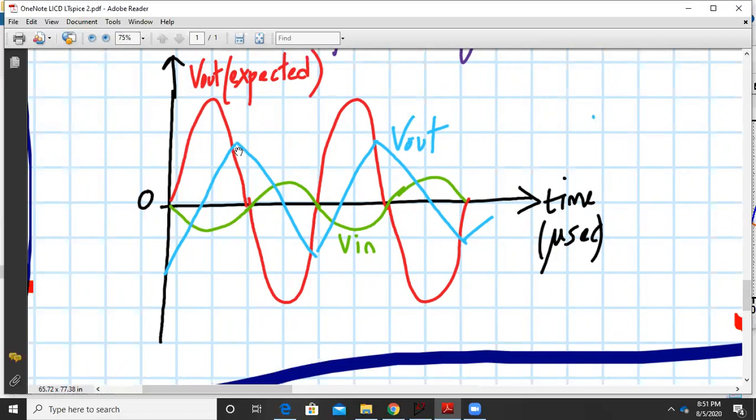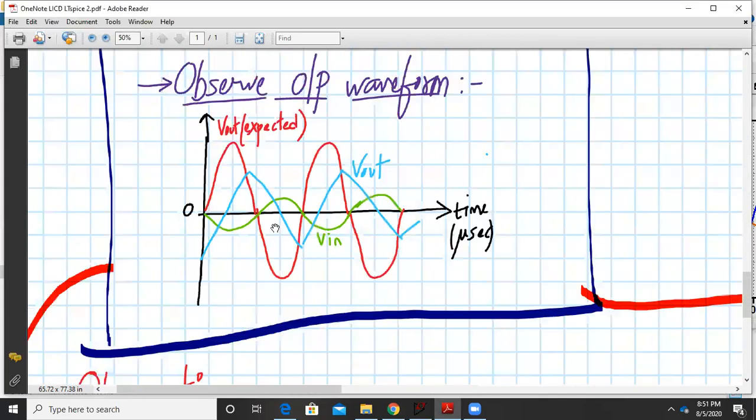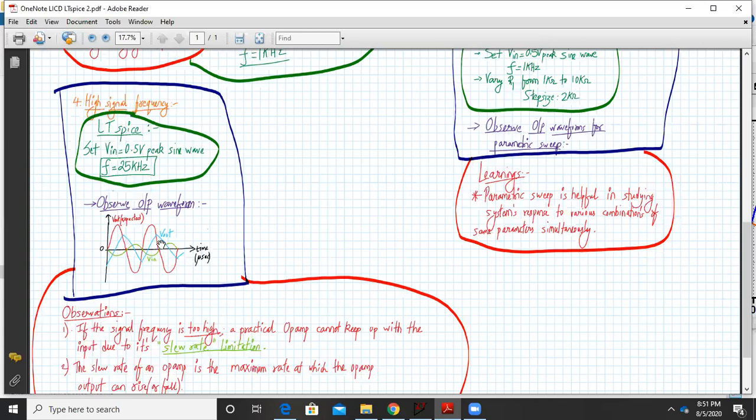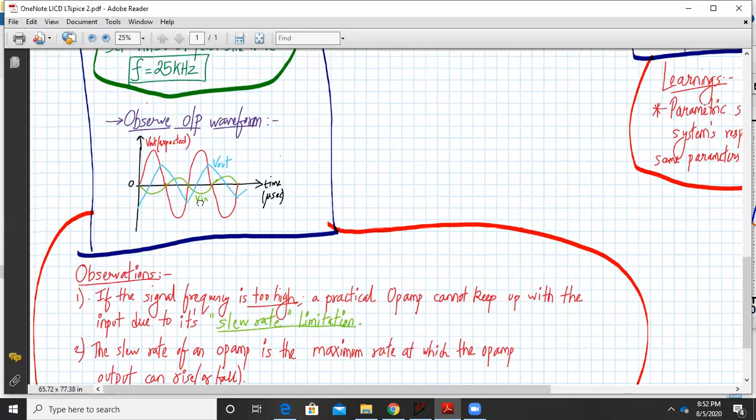That's why as soon as it hits this, it's very late to react, and automatically the state has changed. So obviously you will get these angular-like waveforms, which we have got in our LTspice window also. We cannot go on blindly increasing the frequency.